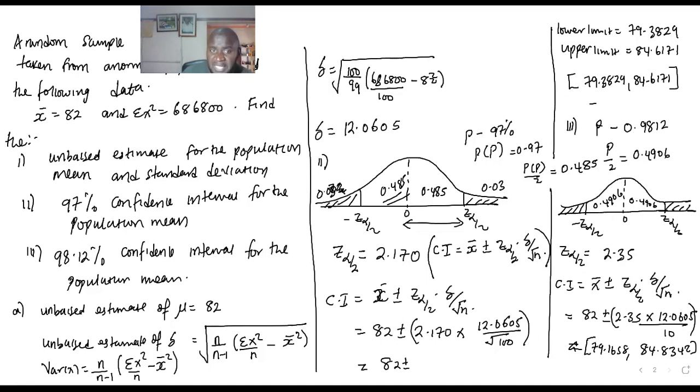I told you the confidence interval is predicting, at a given percentage of confidence, that the mean will lie in that interval. I am sure that the average age of you students now is 18. We know you are either 18 or 17, but the 17 are very few.